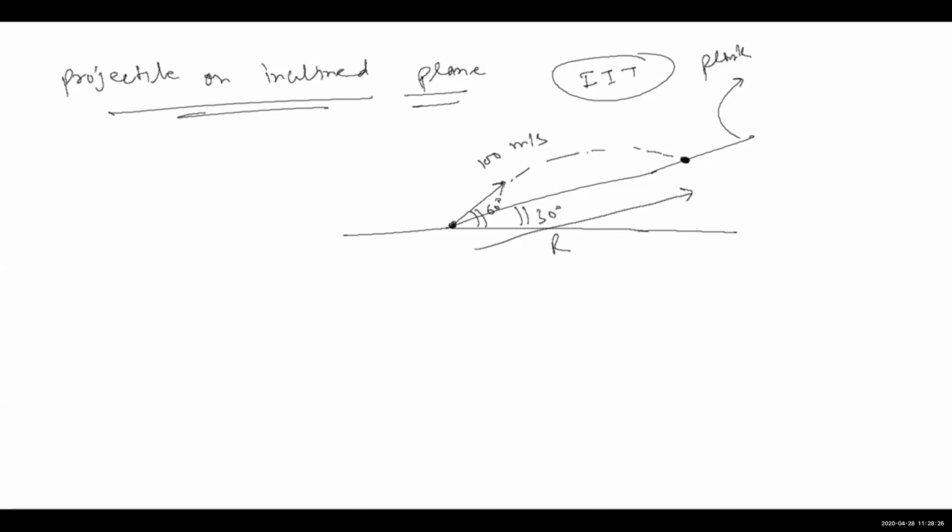No, I'm just asking what you did. Either you will be right or you will be correct for the next question. What math will you follow? What concept? Sir, I set the plank as the horizontal and took theta as 30 degrees. No.